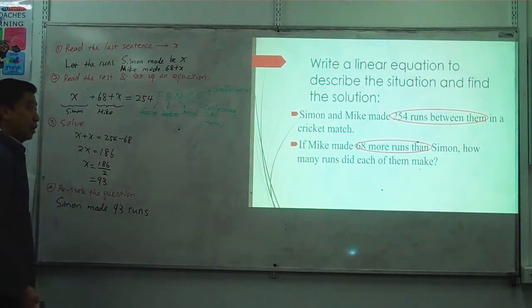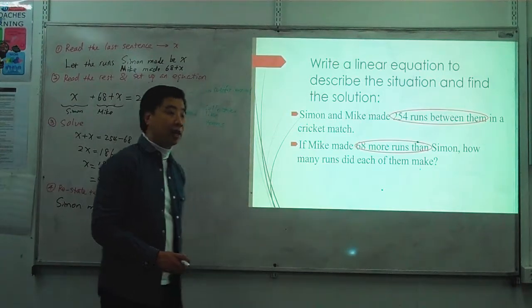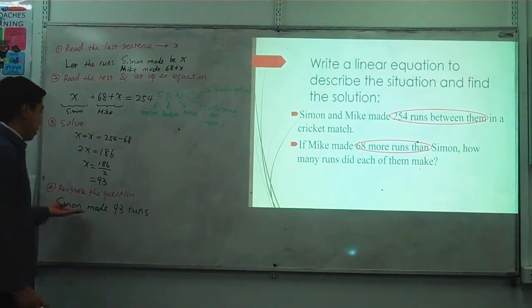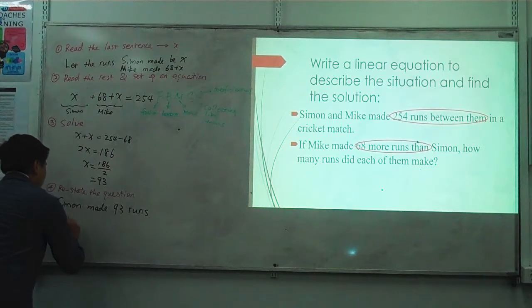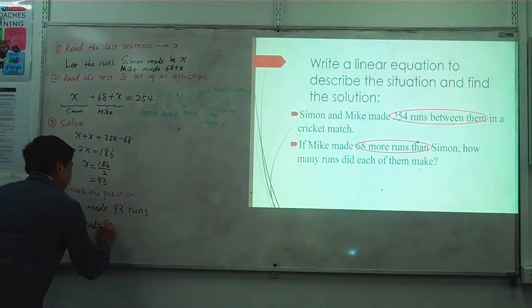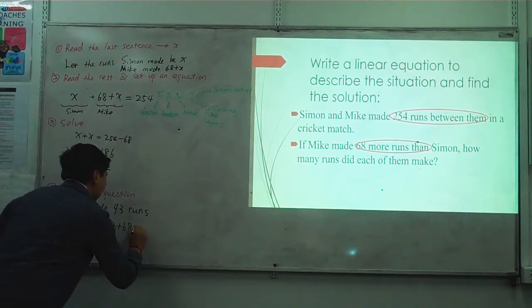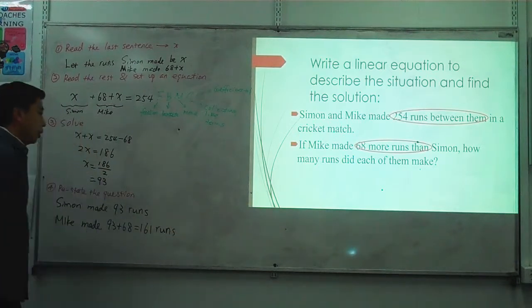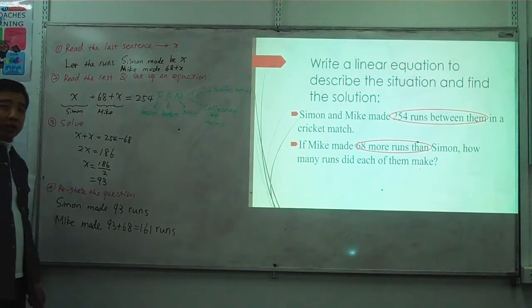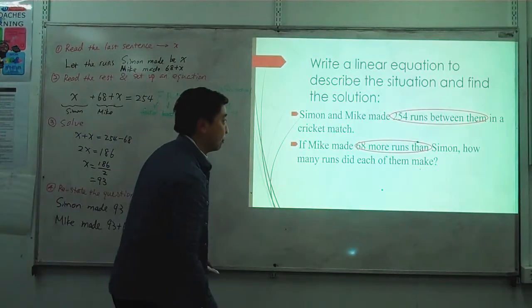Don't forget, the question asks how many runs each of them made. You do not only solve for Simon, you have to solve for Mike. So Mike made 93 plus 68 equals 161 runs. And then we finish this question. Now let's have a look at the next one.